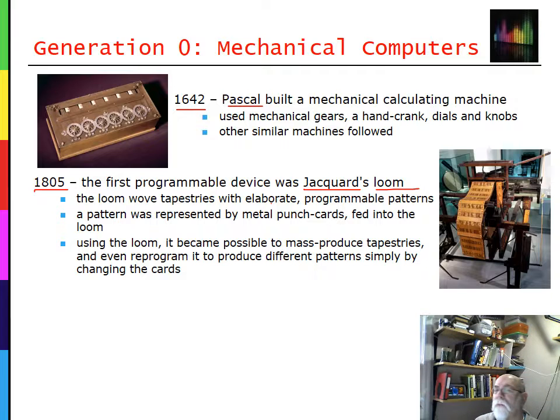This is important because I remember doing work in Fortran on a mainframe computer, and we used punch cards for that, even in the late 70s at Auburn. So this was a giant step forward, helped to bring in the idea of mass production, which lowered the overall price of tapestries and rugs so that more and more people could afford to buy them.